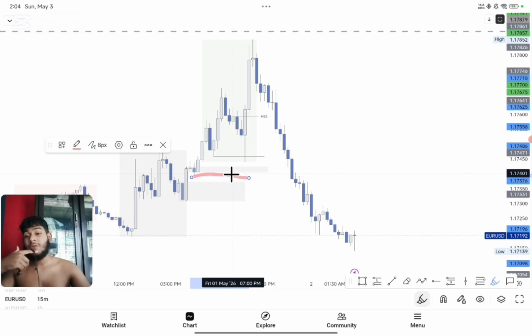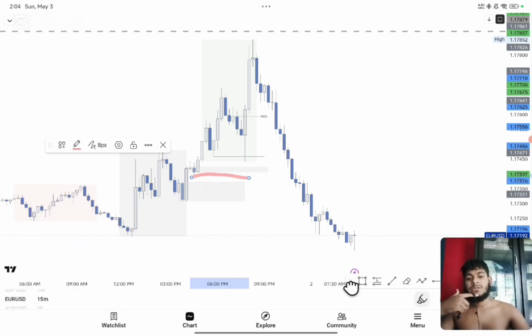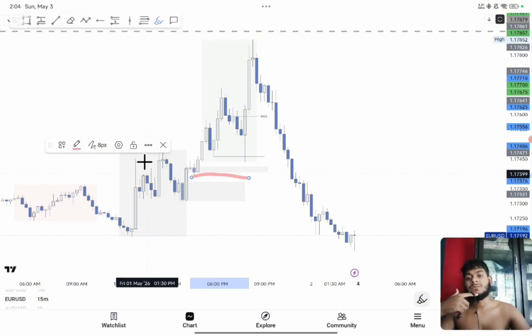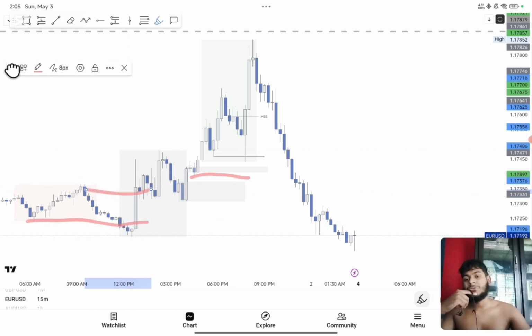I wasn't expecting to have taken the whole liquidity, because price had already taken that during London, and then also shifted the structure in London. So New York would be, as I thought, just a continuation, and it was a continuation.